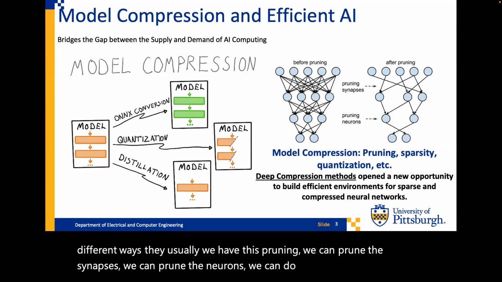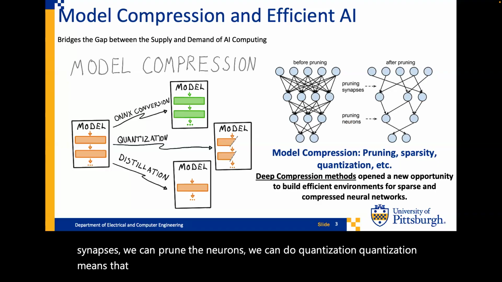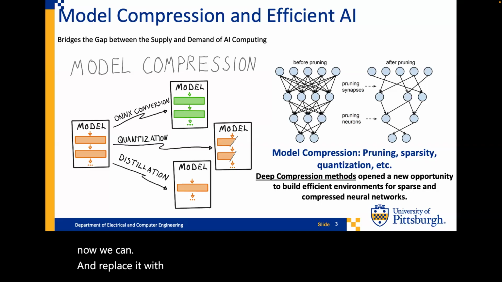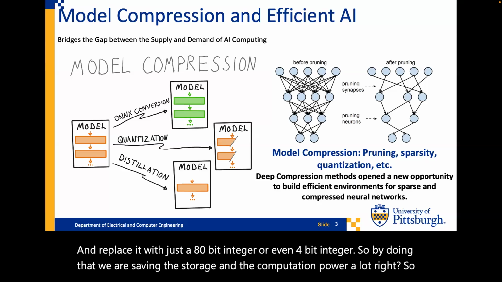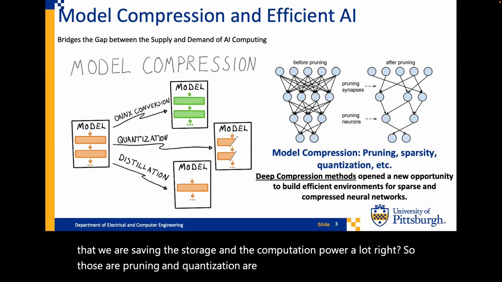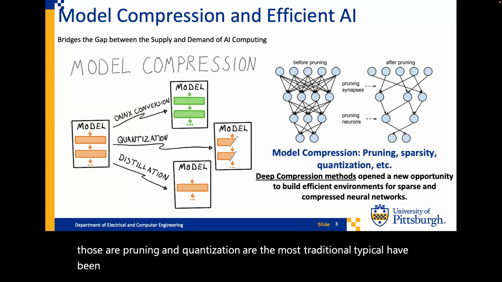Quantization means that for every parameter, if it were a 32-bit floating point number, now we can replace it with just an 8-bit integer or even a 4-bit integer. By doing that, we are saving a lot of storage and computation power, right? Pruning and quantization are the most traditional ones, and have been well studied in the past decade.